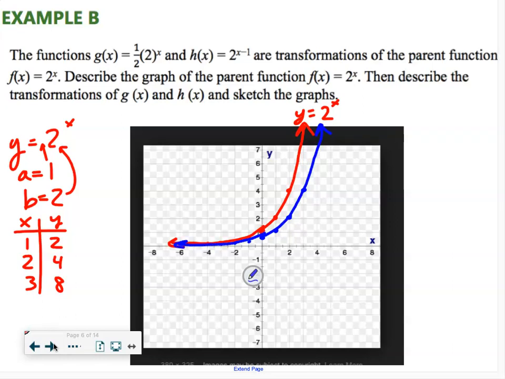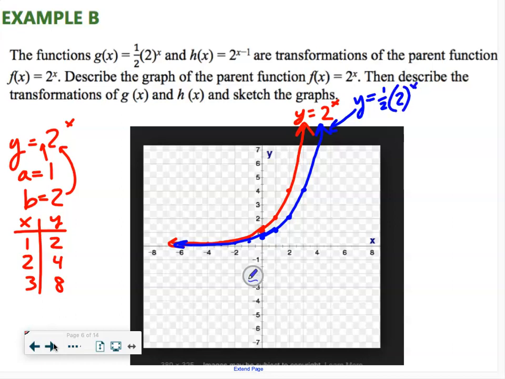It's still an exponential growth graph, but now everything has been multiplied by a 1/2. So 1/2 times 2 to the x. All right, so I'm going to label that. So that's y equals 1/2 times 2 to the x.